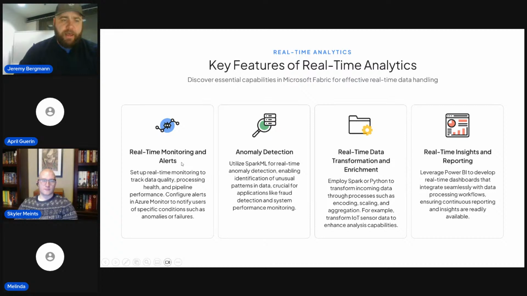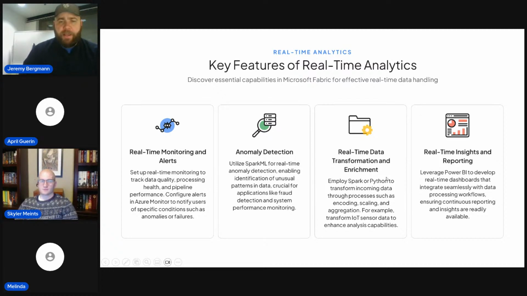We talked about that. Being able to configure these and monitor to notify users of specific conditions. That can be huge in operations, like we talked about. Anomaly detection. That's big in fraud detection, detecting anomalies in those rare cases, being able to see those.